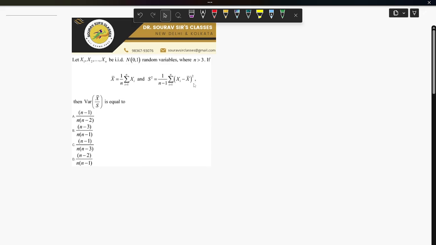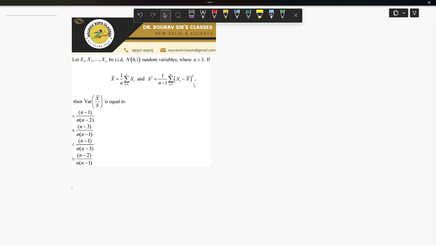So let's see what can be done with this. We are given X1, X2, ..., Xn as independent and identically distributed random variables following N(0,1). So define X bar as the sample mean and S squared is equal to 1 by n minus 1 into the summation where i is running from 1 to n of (Xi minus X bar) whole squared.